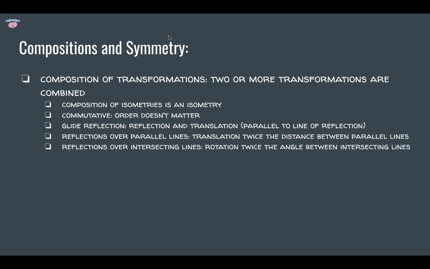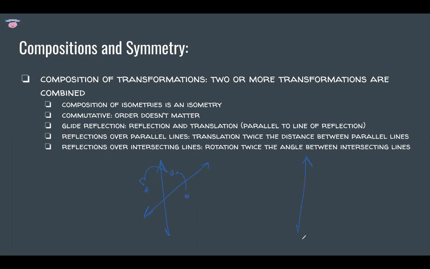Reflection over intersecting lines. Now this one isn't commutative, and in some cases the previous one isn't commutative either. But the reason I mentioned these is because instead of doing this exact thing, you can sort of make it easier. For reflections over parallel lines, you would do a translation twice the distance between the parallel lines.